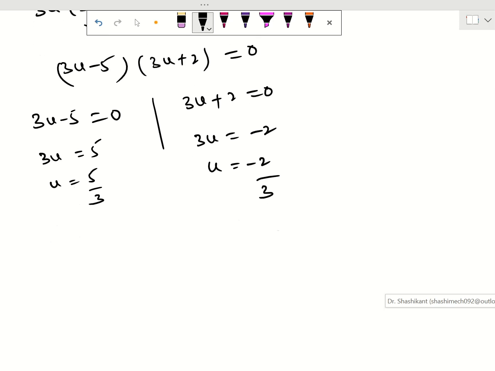So here, substituting, we can recall the value of u that we had considered, that is u = 2x²/(x² − 1), right?